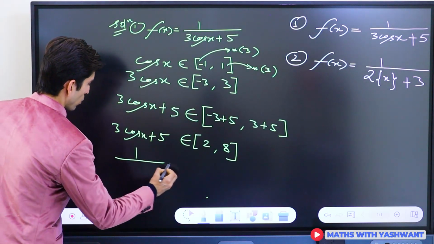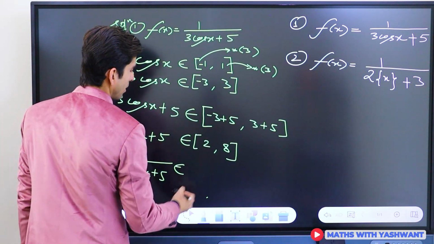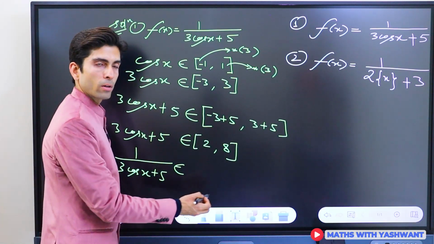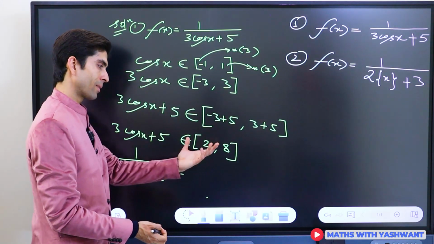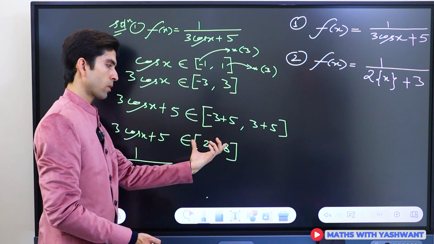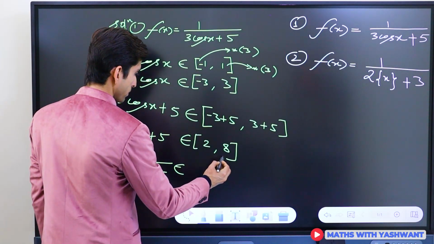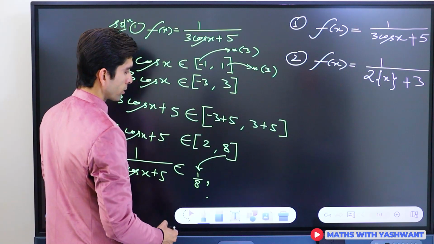For doing reciprocal, we simply do the reciprocal of the left hand and the right hand boundary point and we reverse their order while taking care of the open and close interval. But in this situation, both the boundary points we have close interval. So for 8, we have 1 by 8 after doing reciprocal and reversing the order.